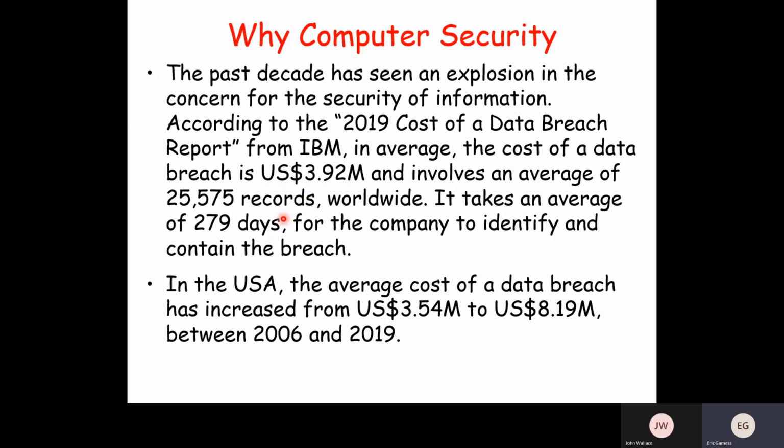And that every time there is a data breach, the number of records that are affected is a little higher than 25,000. This is an average, as I was telling you. And it takes in general like 280 days for the company to identify and to try to contain the breach. So many times the company doesn't know that it was attacked, no?